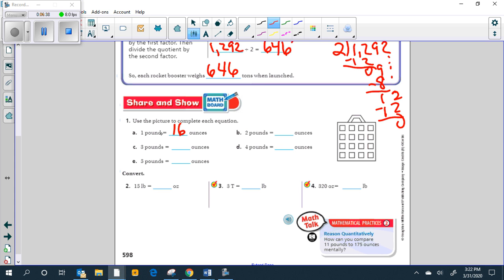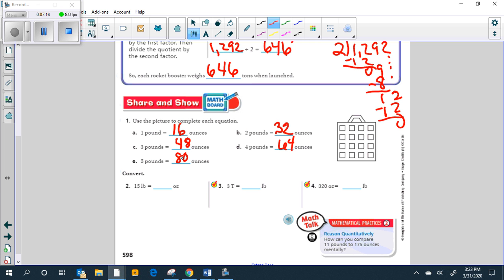So if 1 pound equals 16 ounces, then 2 pounds would equal twice as much, right? 32 ounces. 3 pounds would be 3 times 16, or 48 ounces. 4 pounds times 16 would be 64 ounces, and 5 pounds times 16 ounces in 1 pound would equal 80 ounces.